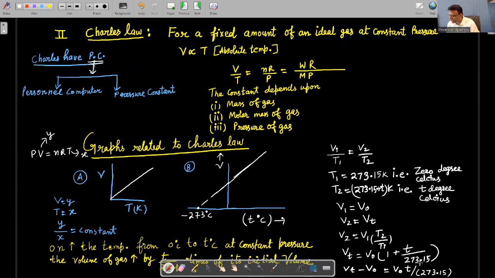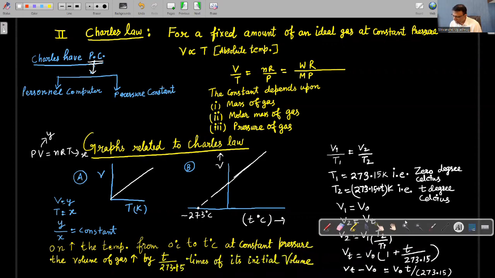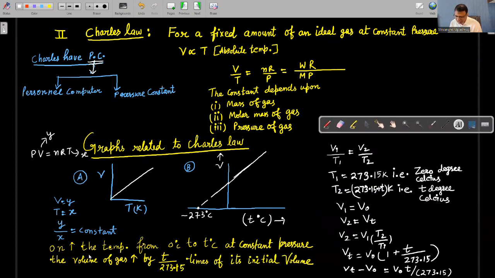So another way to ask about Charles' law, they will say which of the following is correct about Charles' law. So they will say that when we are increasing the temperature from 0 degrees Celsius to T degrees Celsius at constant pressure, the volume of gas increases by T upon 273.15 times its initial volume.